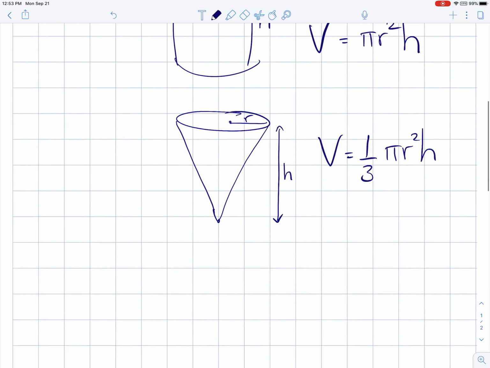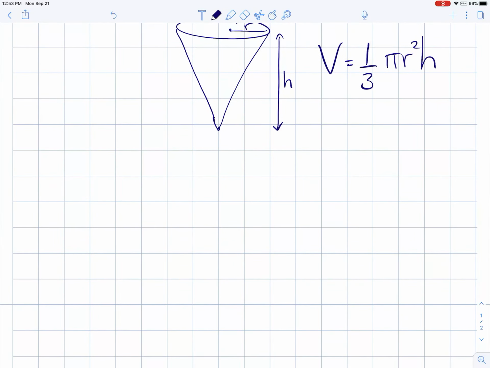Okay? Now you might also have a pyramid perhaps with a square base. Pardon my lack of artistry skills. So there's a square-based pyramid. It also has a height, right?